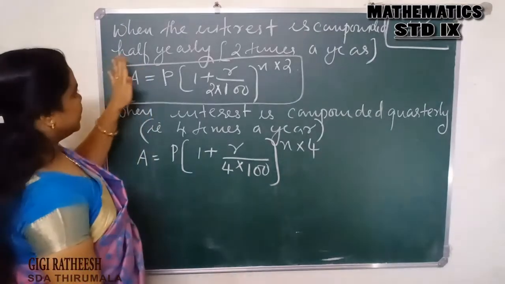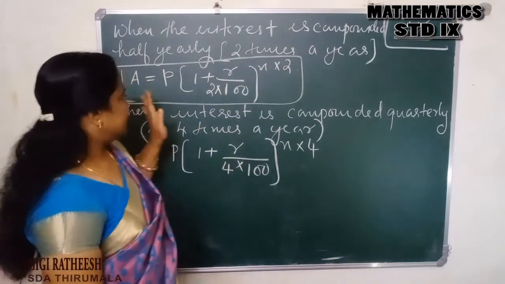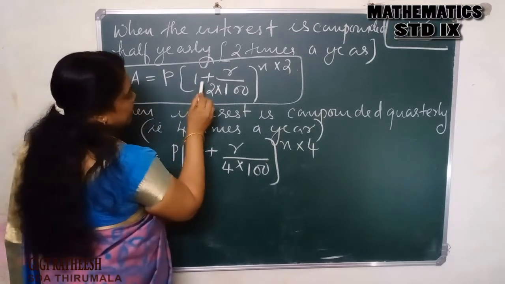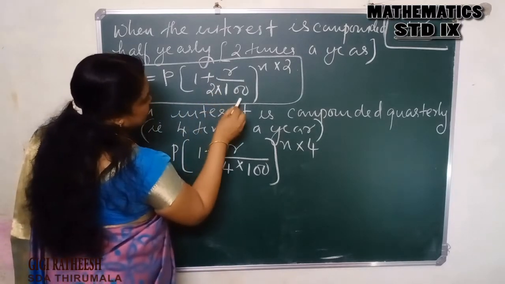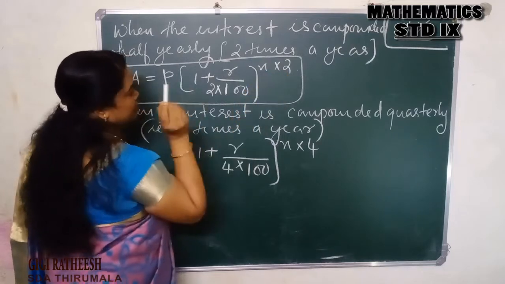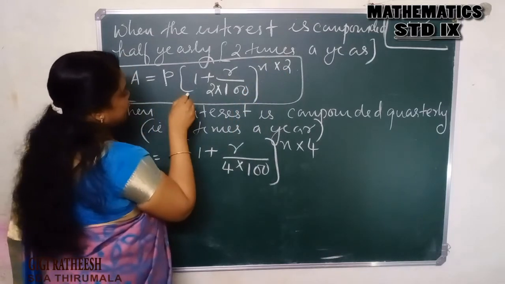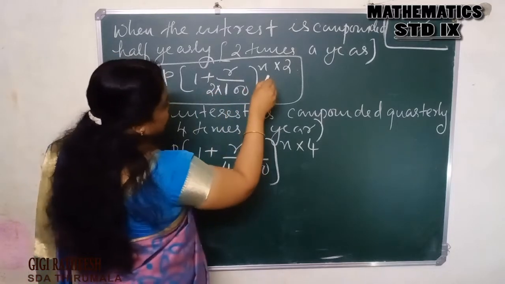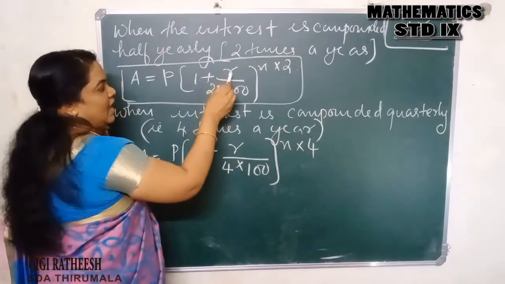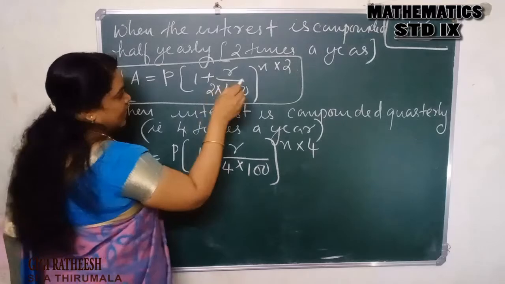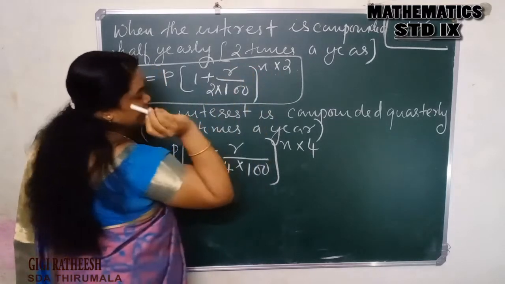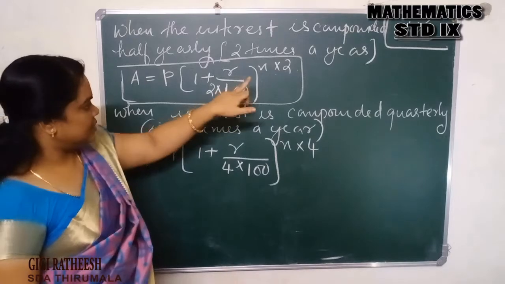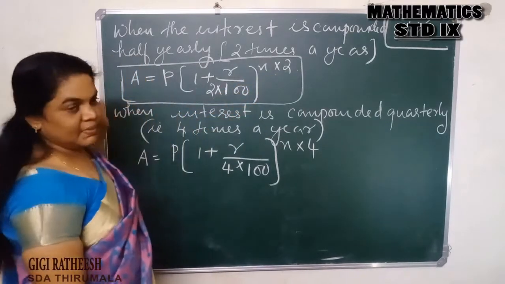The formula is A is equal to P into 1 plus R by 2 into 100 the whole raised to N into 2. Here R is divided by 2 and N is multiplied by 2.